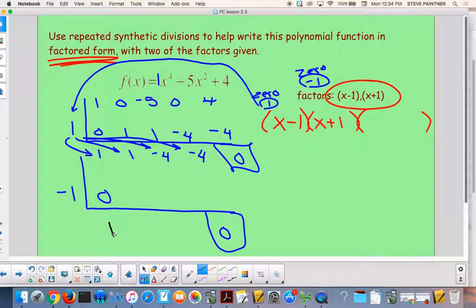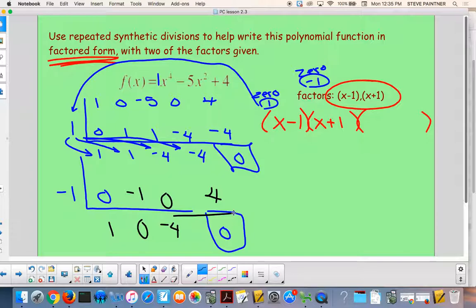Negative 1. There, I get negative 1. Add down 0. There, 0. Add down negative 4. Oh, I lined that up fairly bad. Okay, hang on. Try that again. Okay. All right, sorry. There you go. Yes, that's it. 0, got it.